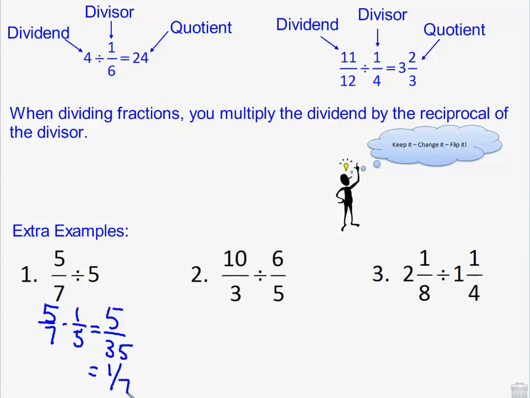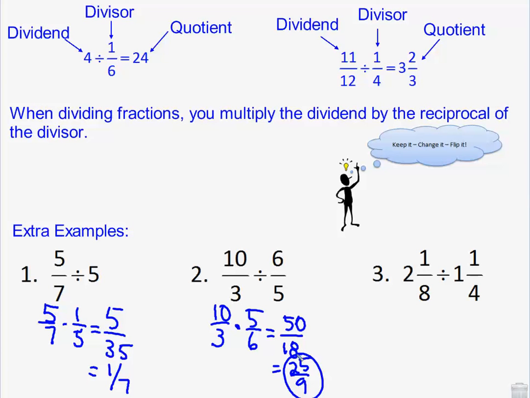So 5/7 divided by 5 is 1/7. For number 2, I'm going to keep 10/3, change that to multiplying, flip over that to get 5/6. Again, I'll multiply my numerators to get 50. My denominators multiplied together give me 18. Since both of those are divisible by 2, I'm going to rewrite that as 25/9.